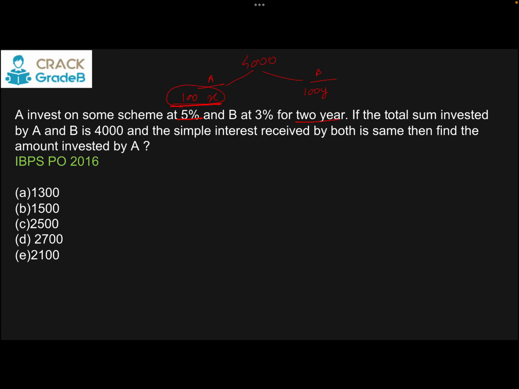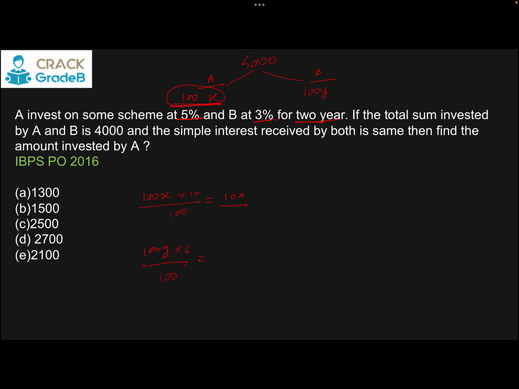So on 100x, if we are getting 10%, the interest will be 100x's 10%, that is 10x. So A is going to receive 10x as the interest. Similarly, B is going to receive 3% for 2 years, means 6%.